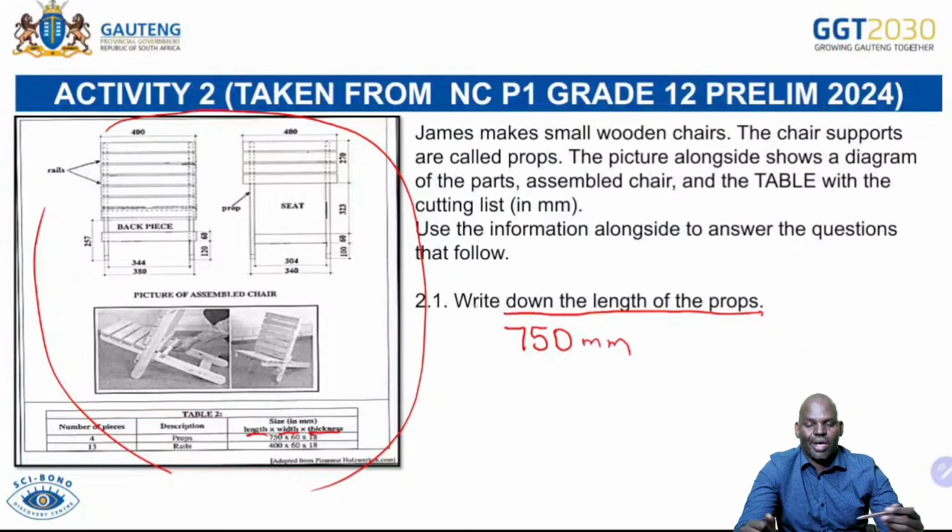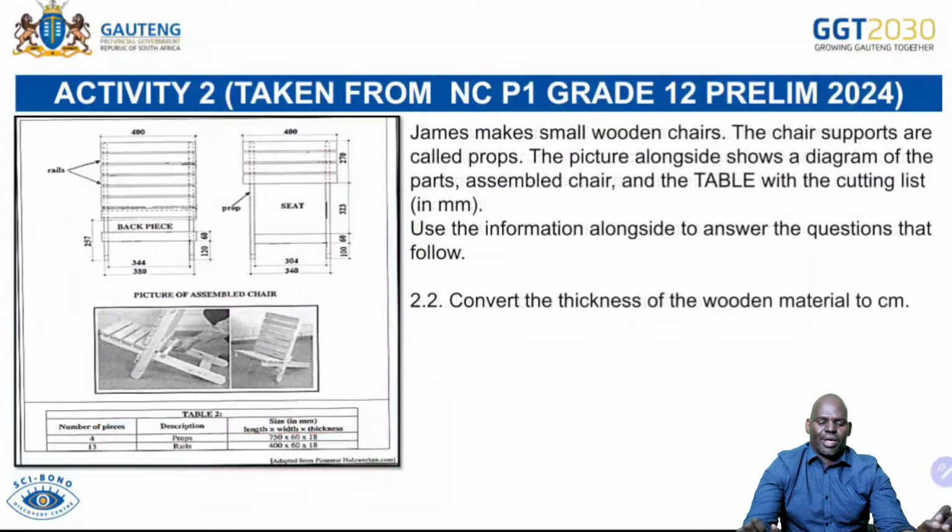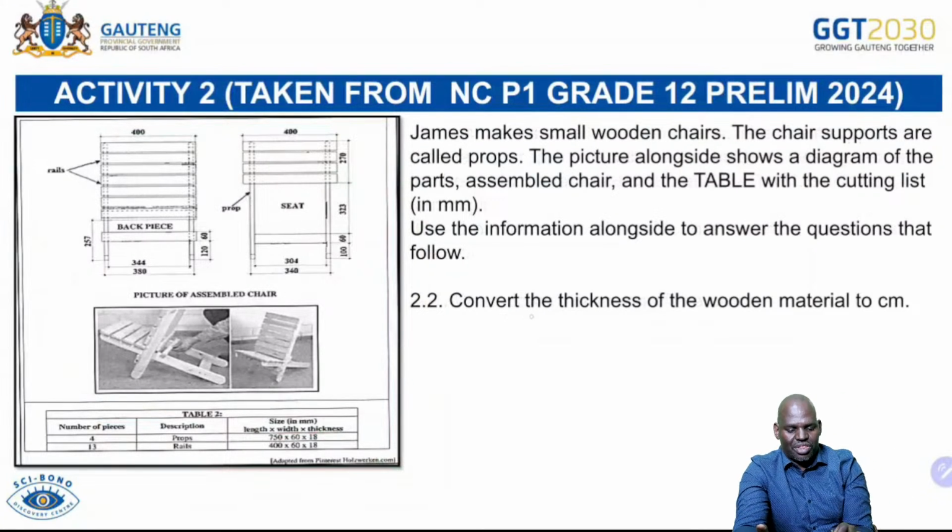So 2.1 is just 750 millimeters. And then number 2.2, still on the very same information, it says convert the thickness of the wooden material.